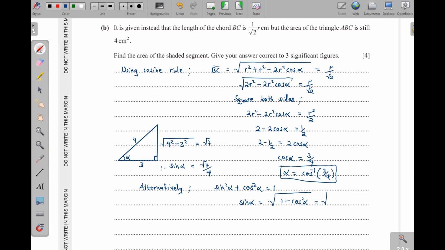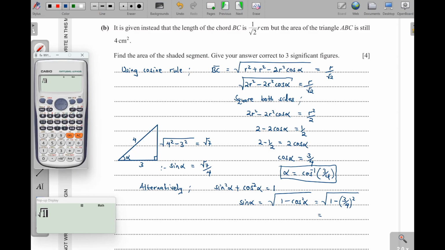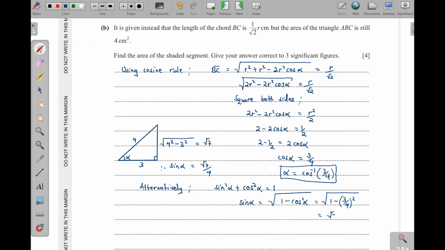So we shall have the square root of 1 minus, this is 3 over 4, then squared. Let's check it out. Square root of 1 minus 9 over 16. So you get root of 7 over 4. Just like here, you see that?